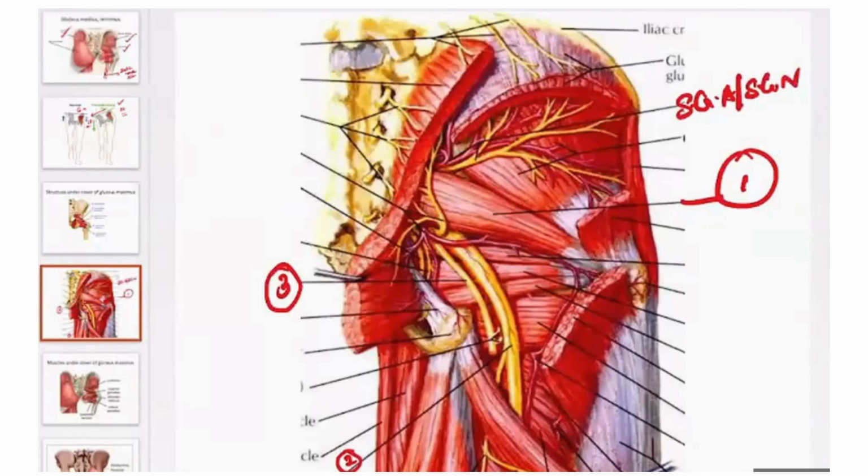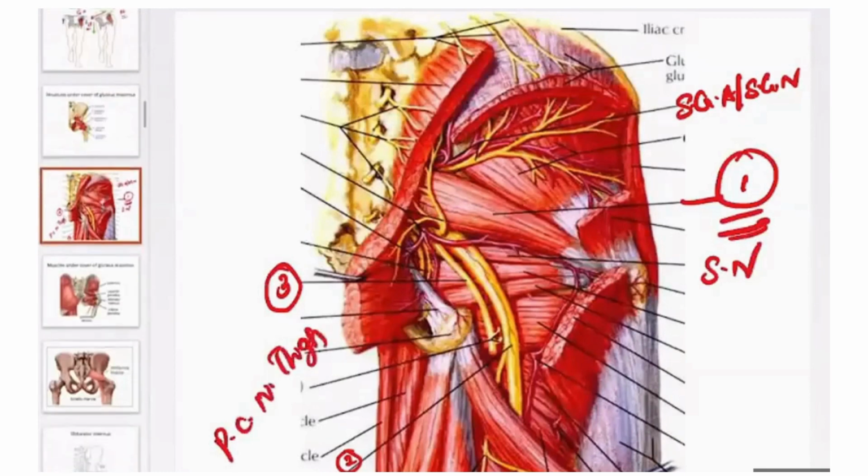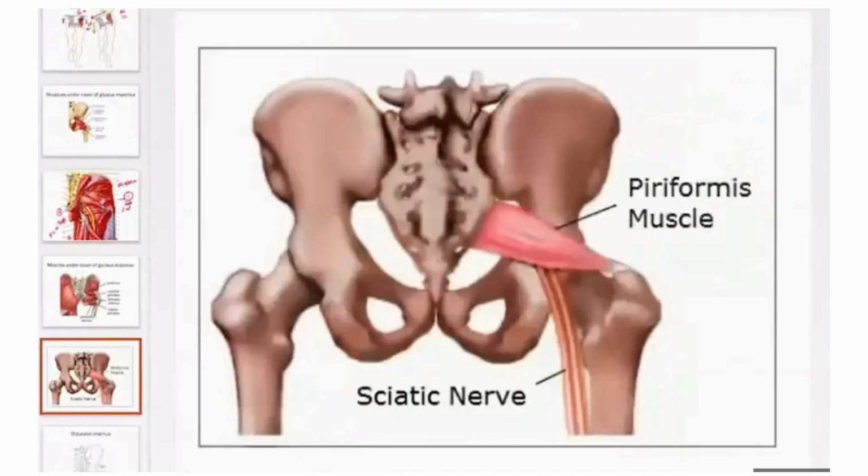So remember, structures above and structures below. Very important are the sciatic nerve and the posterior cutaneous nerve of thigh. See the attachment of the piriformis. What is this bony landmark?